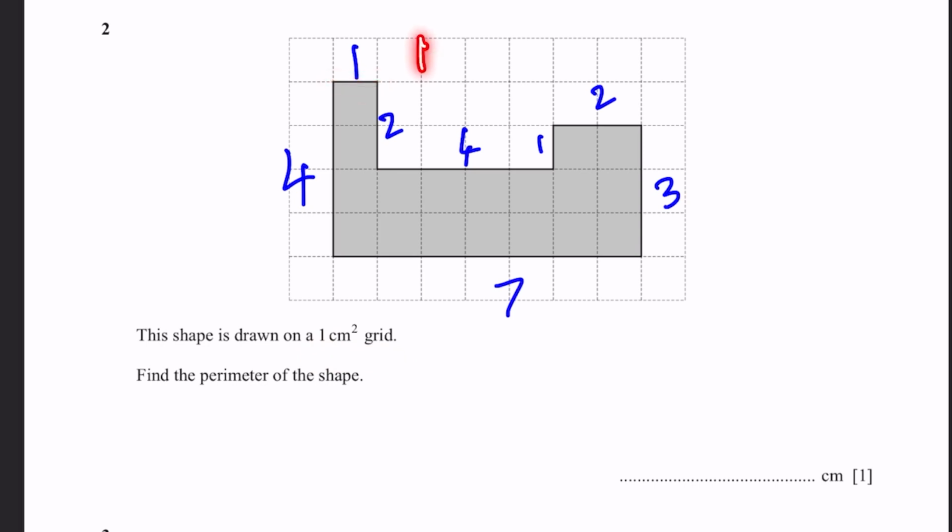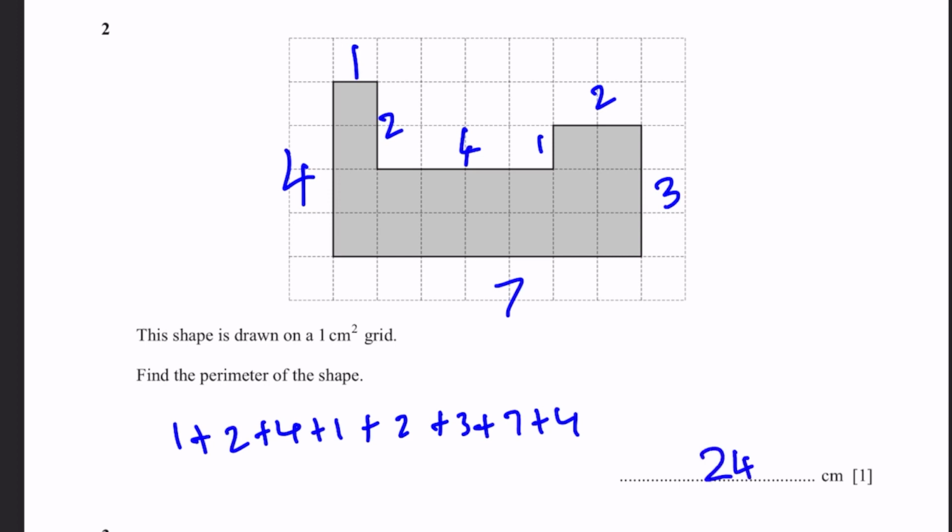So 1 plus 2 plus 4 plus 1 plus 2 plus 3 plus 7 plus 4. So now we can add this: 1 plus 2, 3, then plus 4, 7, then 8, then 10, 13, 20, 24 centimeters. And that's the answer.